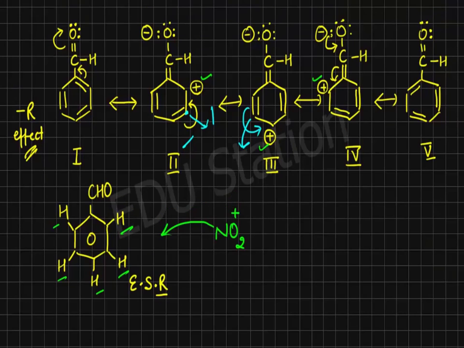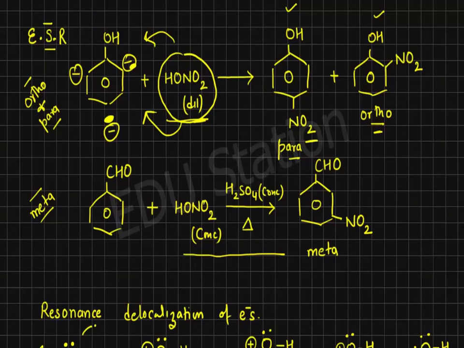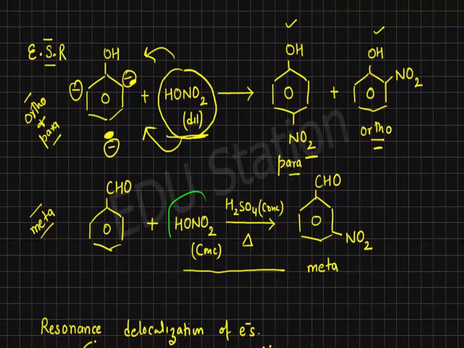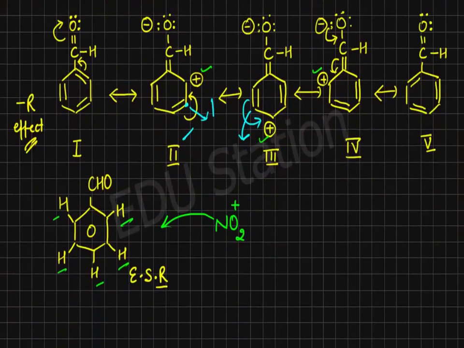Now, that is the reason why the reaction in aldehyde was occurring under drastic conditions. It will not happen with dilute nitric acid, it requires concentrated nitric acid because CHO has deactivated the ring. Now, NO2 has no incentive to attack on the ring because this ring has positive charge spread like this.